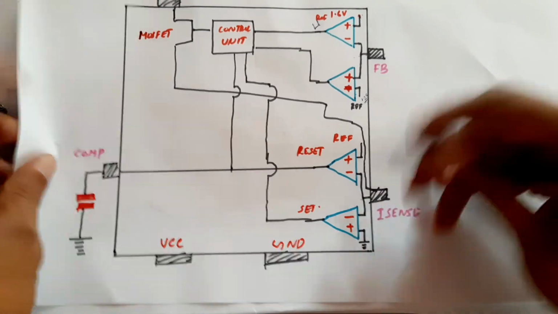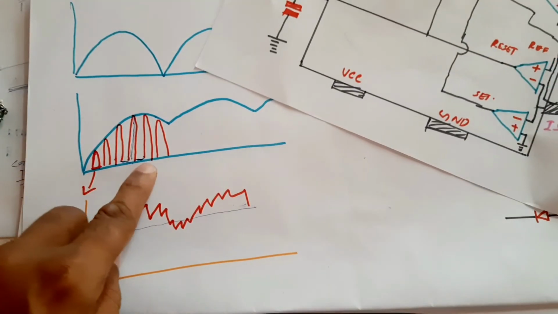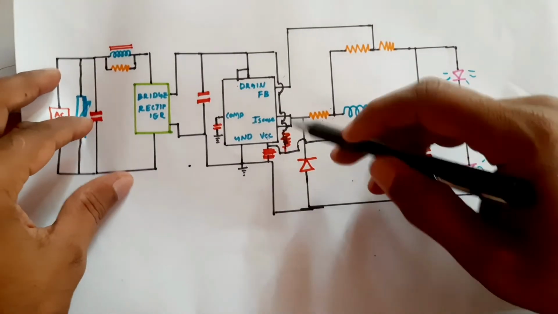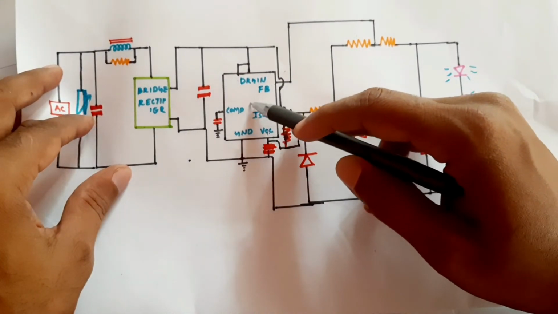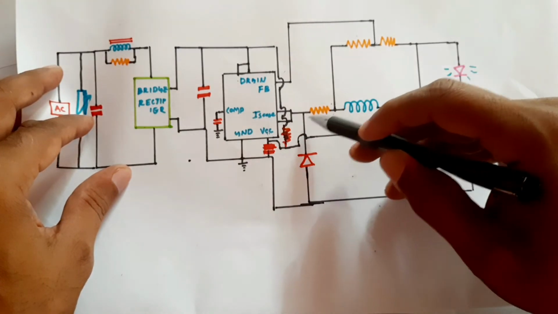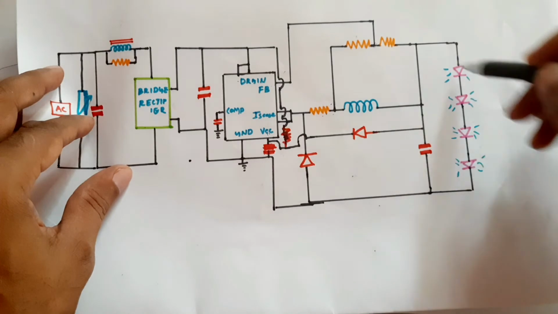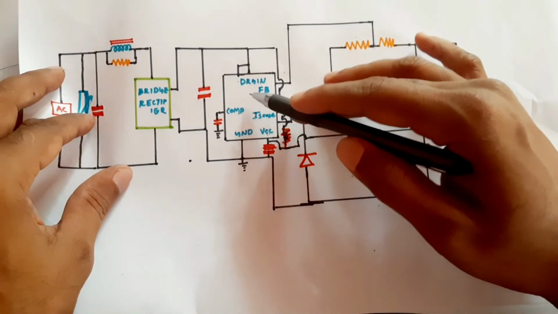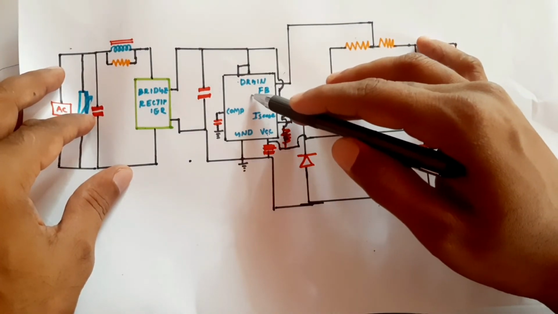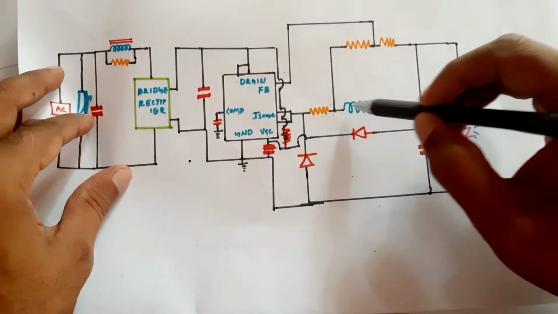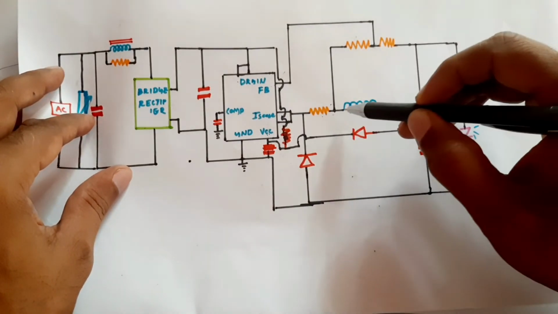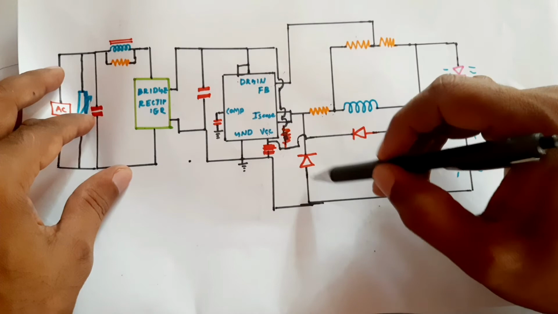That means, as we said, the current goes to zero when the switch is off. When the switch inside the transistor is off, this inductor will freewheel through this load. When the transistor inside the IC is switched off, there is energy in the inductor, and the inductor freewheels through this.